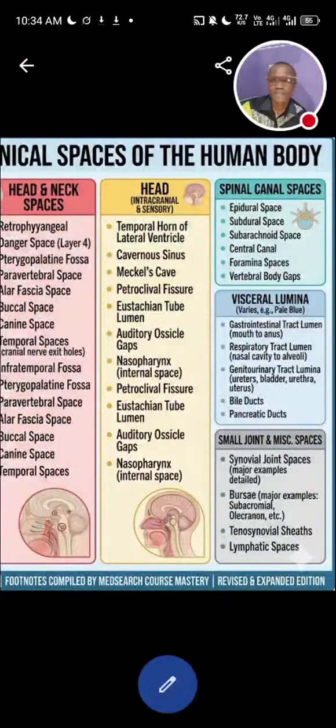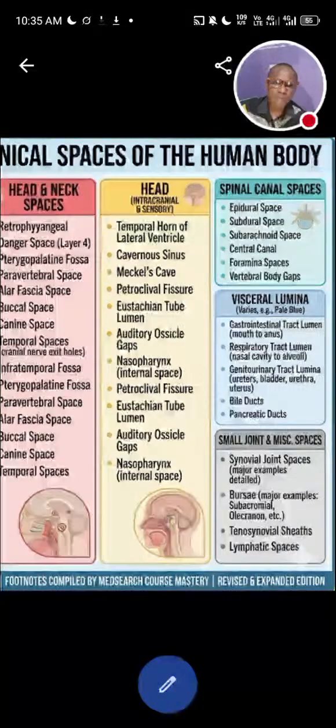Spaces in the spinal canal: the epidural space, subdural space, subarachnoid space, central space, foraminal space, vertebral body gaps. Visceral lumina, as in the gastrointestinal tract from mouth to anus, is a space, a hollow tube. The respiratory tract, and the nasal cavity is a space.